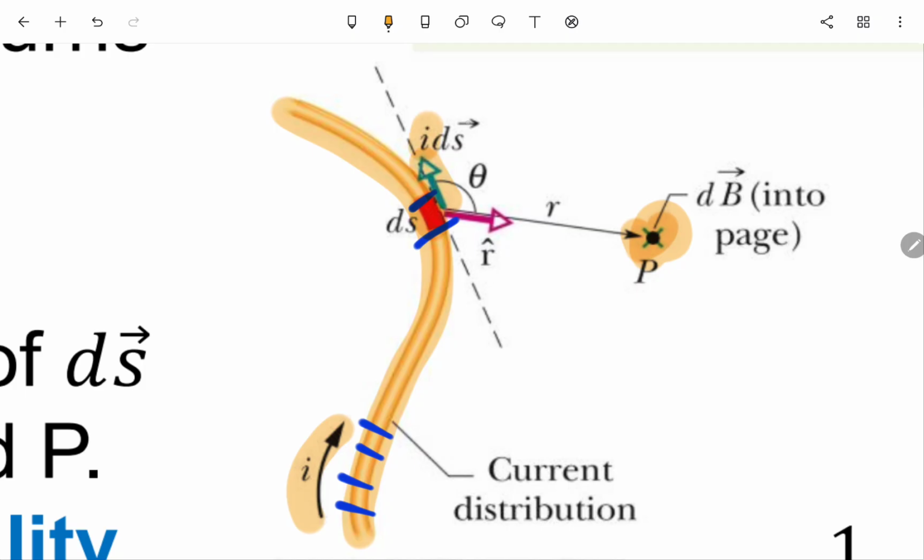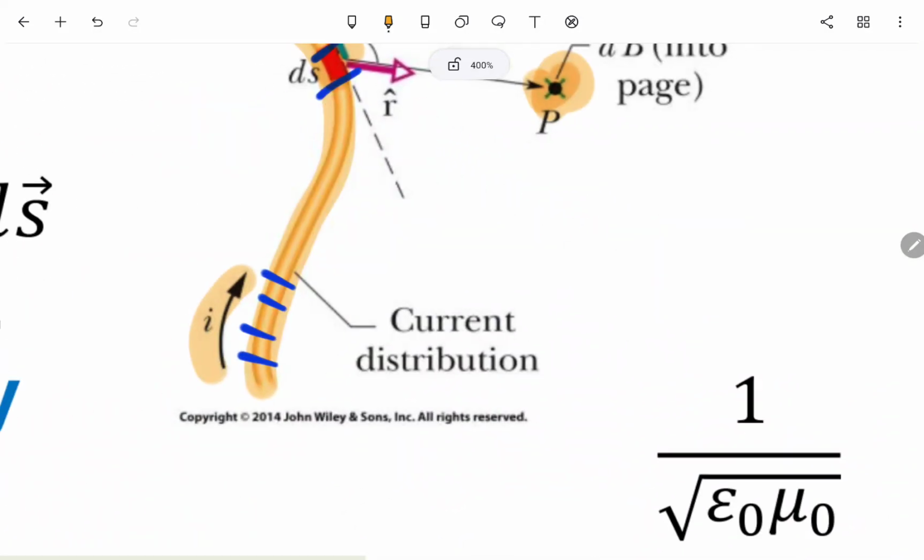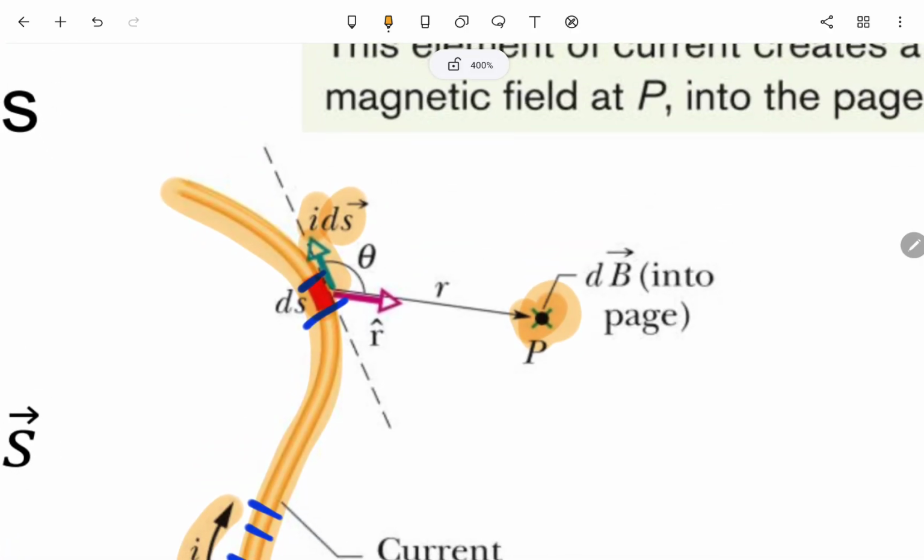So it is I times ds. I is just a scalar, so we can multiply it by ds. This is I ds, a small current segment. It will generate a B field in the whole space, and of course at point P. The distance from the current segment to the desired point is r.